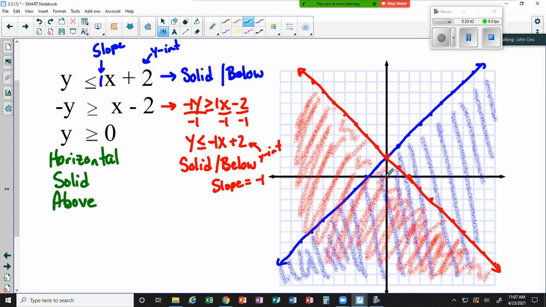So y is 0 right here, right here. Y equals 0 is the x-axis. Every point on the x-axis, y is 0. Okay, so make a solid line there. I'm going to shade everything above.